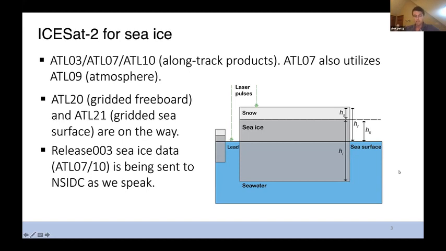Release 3 involves more of an improvement to the algorithm, and that's something I'm going to talk a little bit about in this talk. But yeah, there's nothing completely wrong with the release 2 data, and that's totally fine to work with. But yeah, within the next few weeks, you should start to see release 3 data available at NSIDC. I think the release 3 ATL07s might now be at NSIDC, but definitely not the ATL10s.